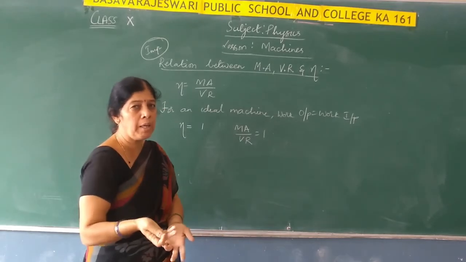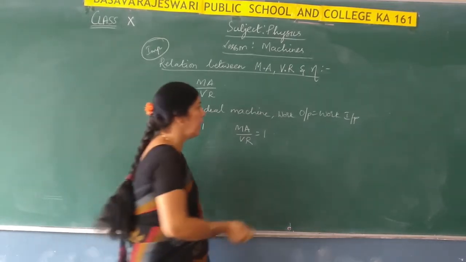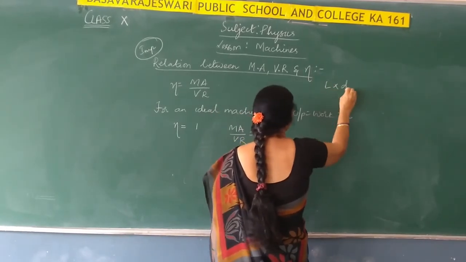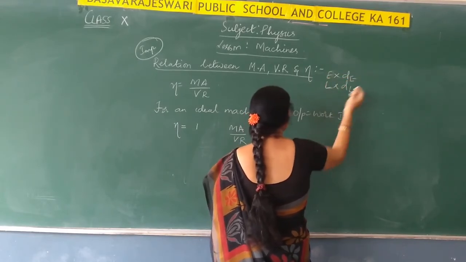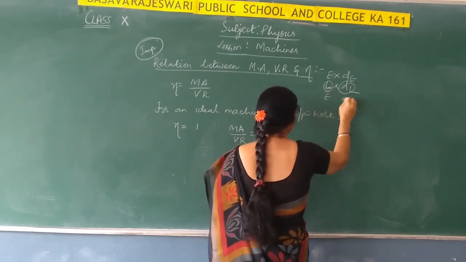If both are equal, then instead of L you can write E, and instead of dL you can write dE.